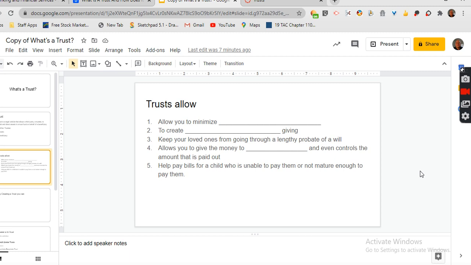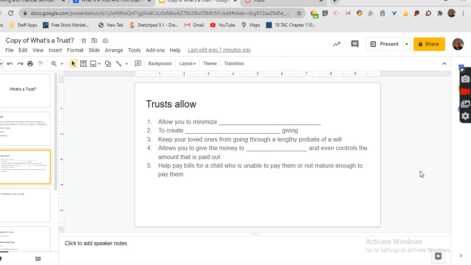Or it could be for somebody who is horrible with money, and if you gave them all that money, they would waste it and it would all be gone the next day. That's what it's there to help avoid. So that's the good thing about a trust.